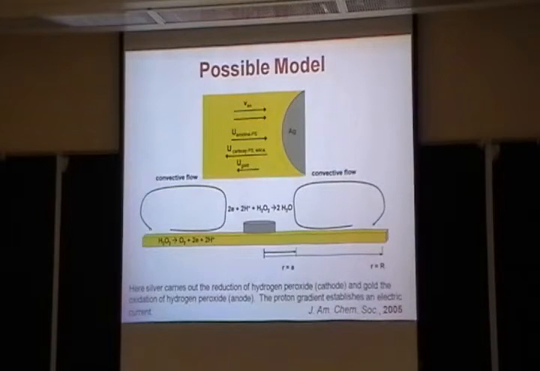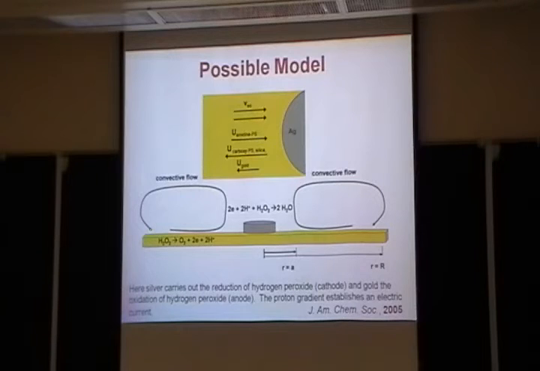So this is a very brief summary of what's going on here. Here's your gold, here's your silver, and it turns out, remember in the platinum gold case, the platinum was where the oxidation was taking place, gold is where the reduction was taking place, and the silver gold pair is the opposite.